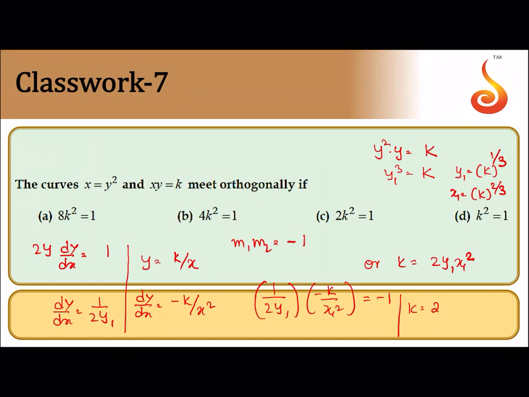If y1 is k to the power 1 by 3, then x1 will give you k to the power 2 by 3. Why so? Because xy is equal to k. We substitute here. So in this equation, we get k equal to 2 k to the power 1 by 3 into k to the power 4 by 3.